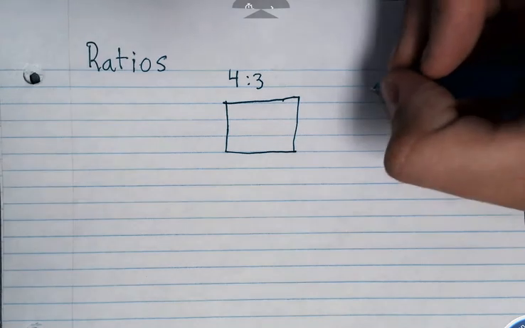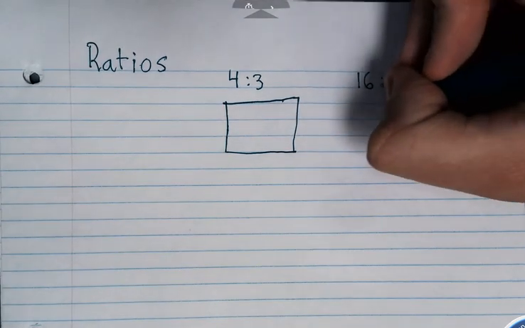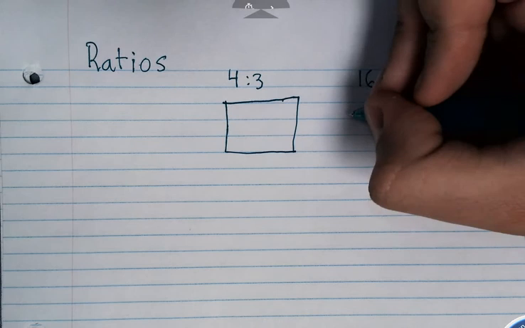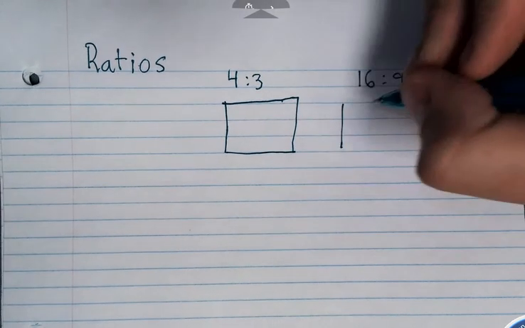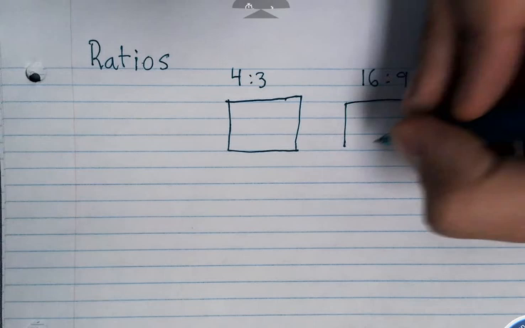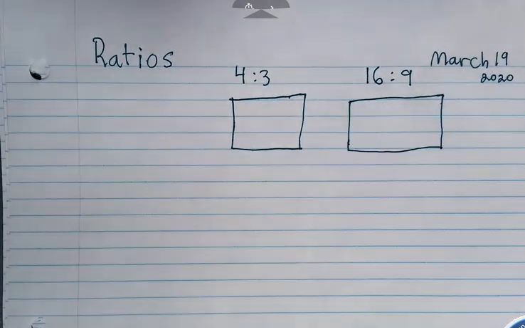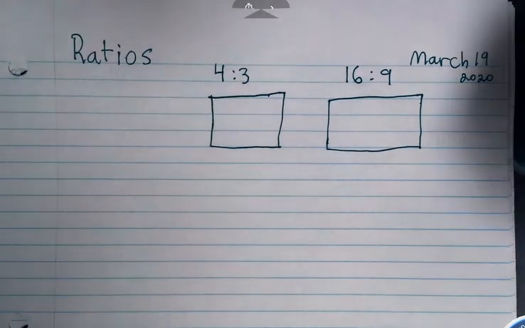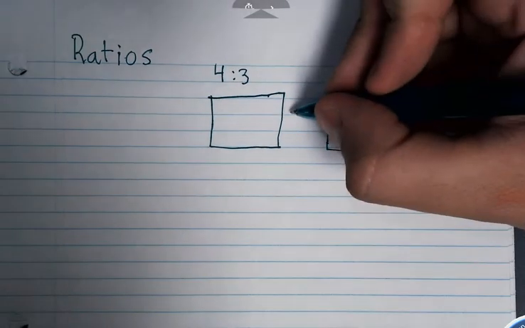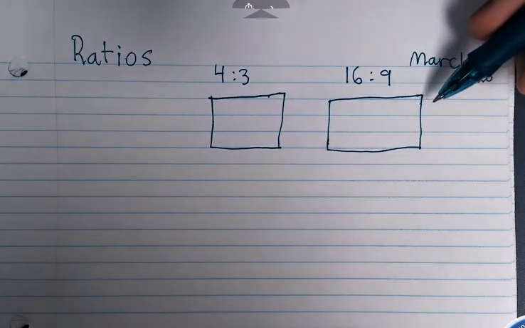Now TVs are usually sold in a 16:9 ratio, which means about 16 parts wide to about 9 parts tall. It's not quite a stretch, but it's a wider format. My drawing's not super clear, but you can envision that this one is wider while this one is more square. I could have done a better job of drawing that, sorry.